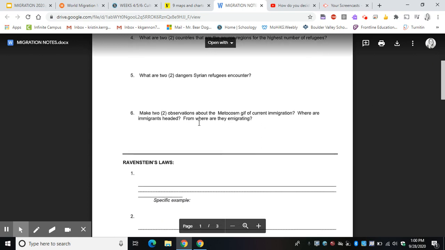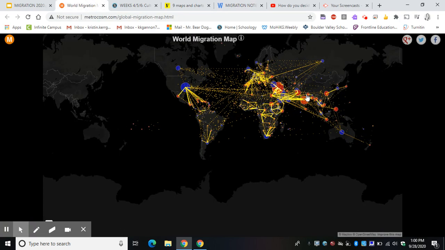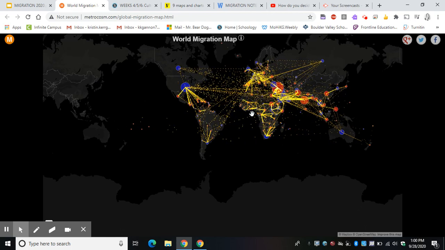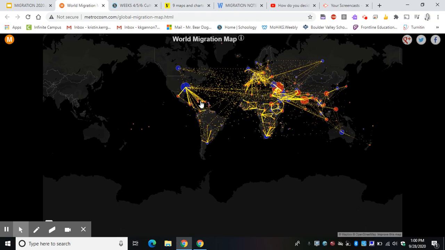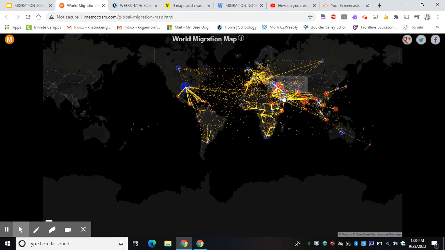What are 2 observations about that macrocosm GIF that I was showing you? Some observations I see: there seems to be a trend to move north, and there seems to be a trend to move from places that are in economic and political disarray towards places that are more stable.